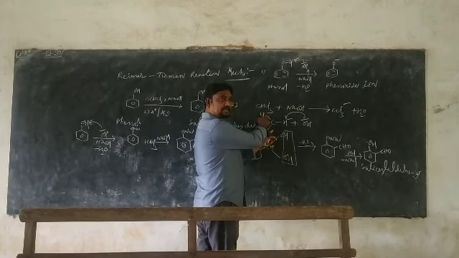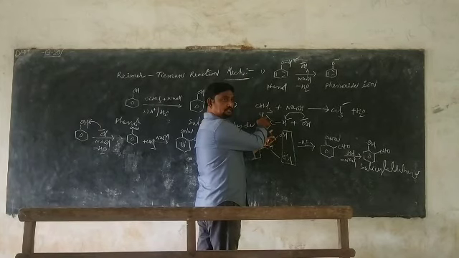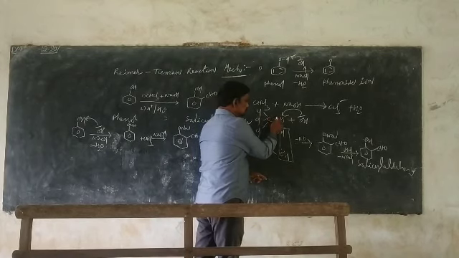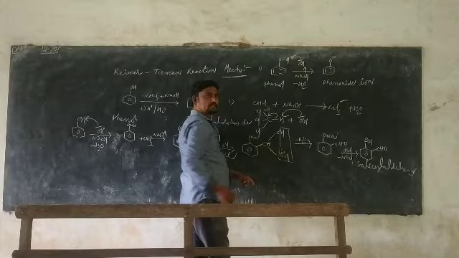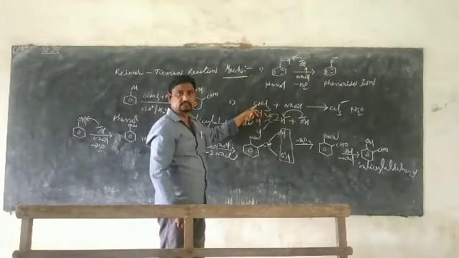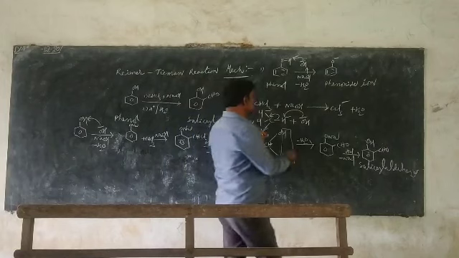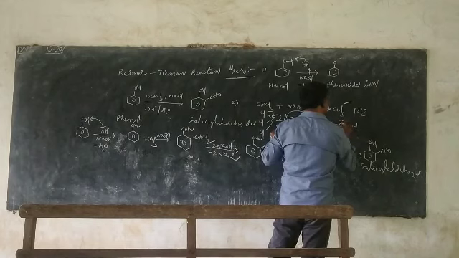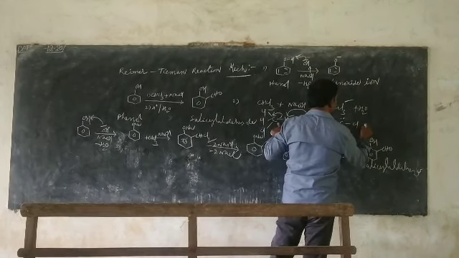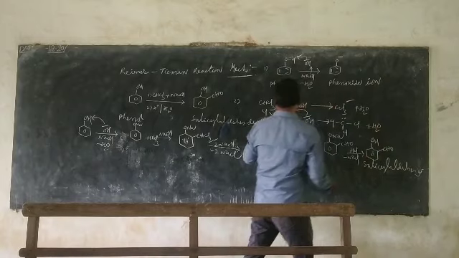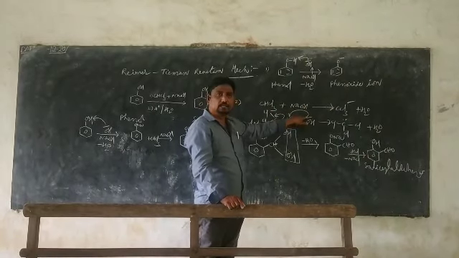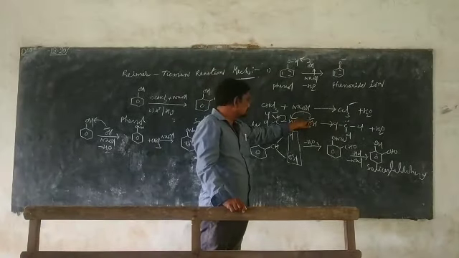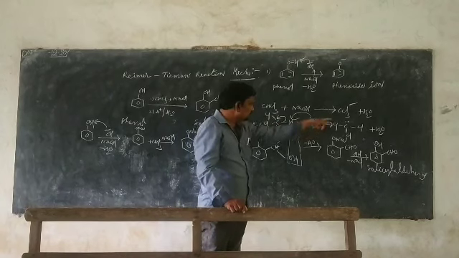Chlorine has high electronegativity compared to carbon, so it pulls the bonded electrons toward itself. So there is a negative charge on this nucleophile.